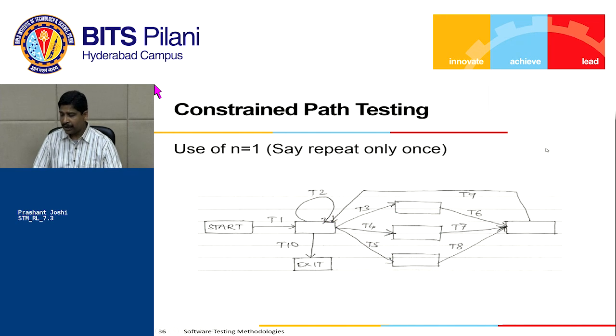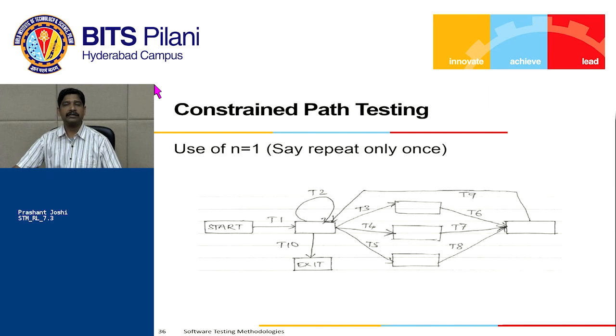What would that constraint be? That I'm going to traverse, say once, for example. So I allow certain thing to happen no more than one time. Like in case of our ATM, we do not allow wrong pin to go more than 3 times.